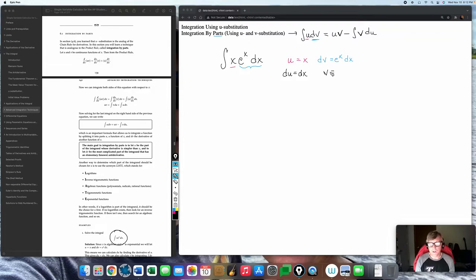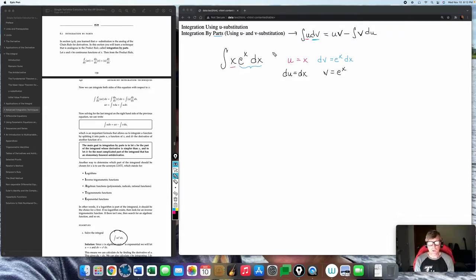V, on the other hand, is going to be the antiderivative of e to the x. So if I integrate both sides of this little differential equation, the integral of dv is v, the integral of e to the x dx is e to the x. Technically, there's supposed to be a plus c here, but I'm going to bag that plus c and wait until the end to write it down. You'll see what I mean in a minute.